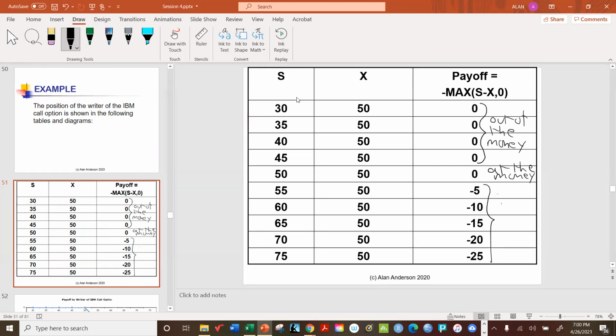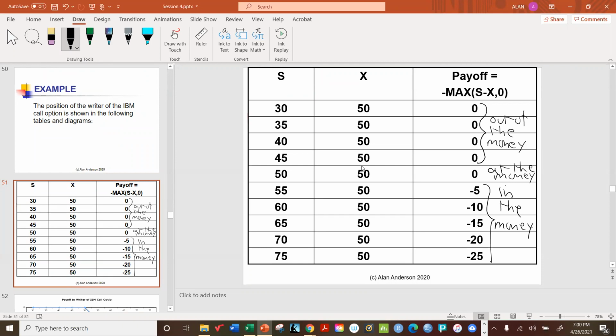And then finally, here we're in the money. But guess what? This time they're all negatives, because this money is being paid to the buyer and we're the seller. So these are all simply negatives of what we had before.